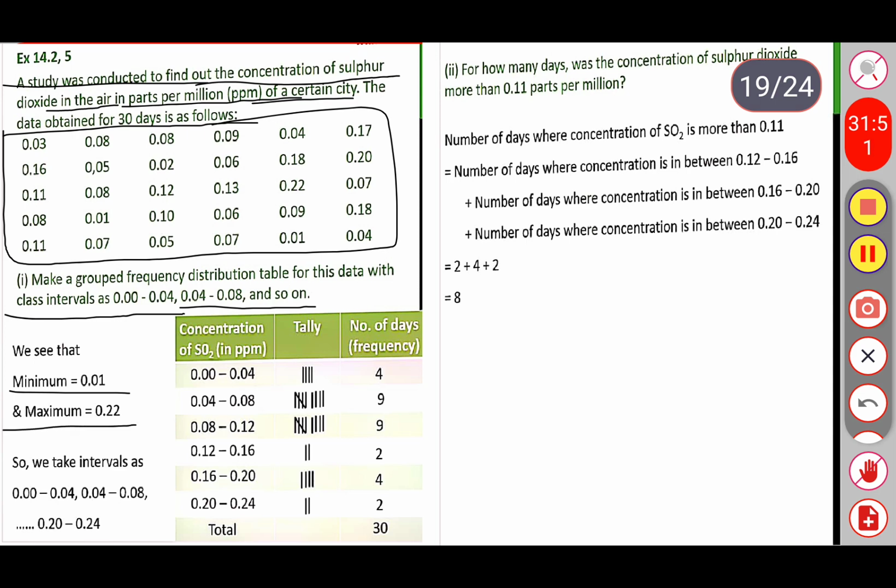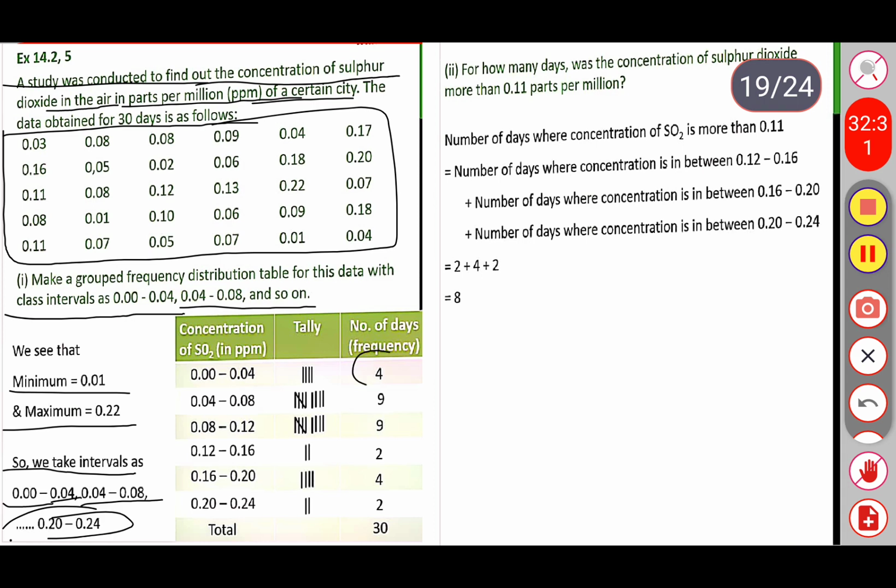So we can take the class intervals as 0 to 0.04, 0.04 to 0.08, 0.08 to 0.12, 0.12 to 0.16, 0.16 to 0.20, 0.20 to 0.24, because the least value belongs to the first class interval, that is 0 to 0.04, and the maximum value, 0.22, belongs to the last class interval, that is 0.20 to 0.24.